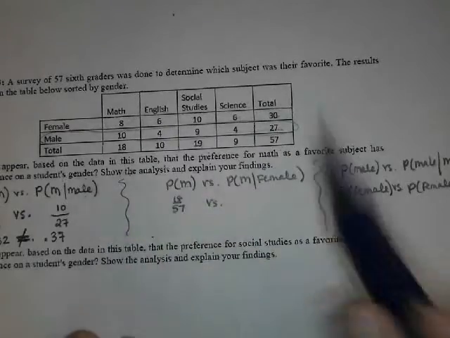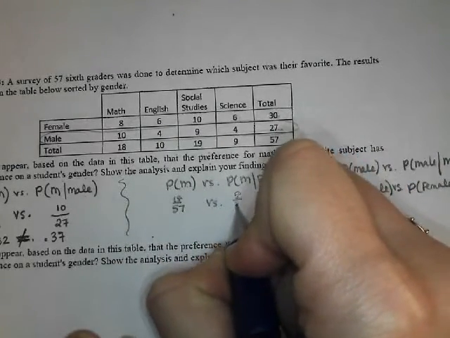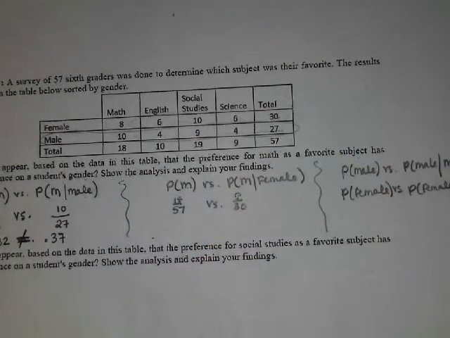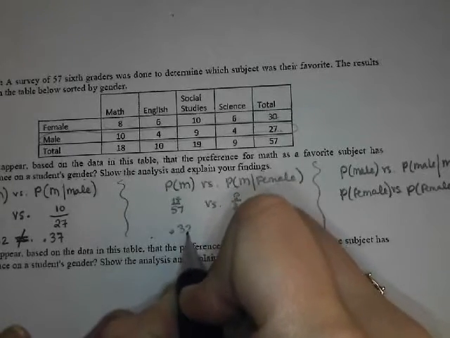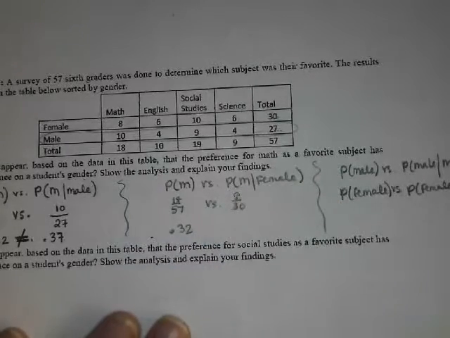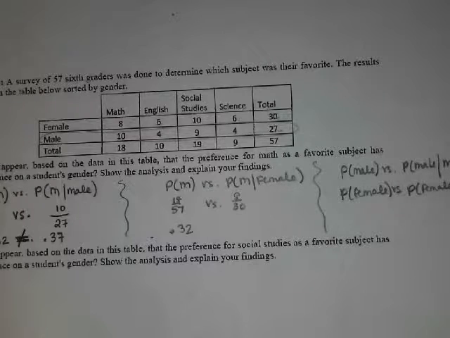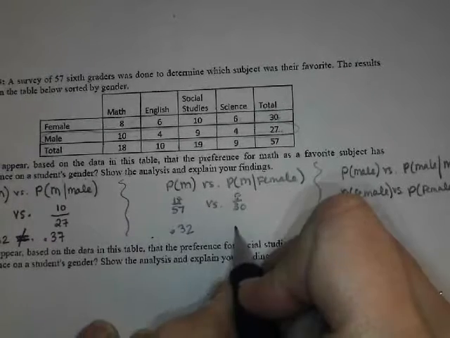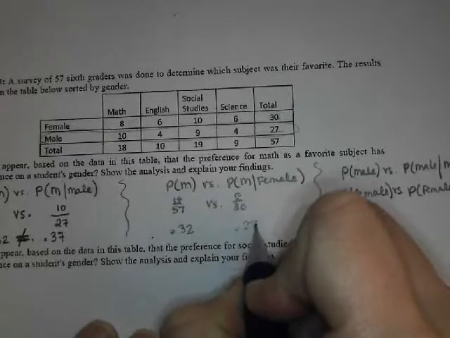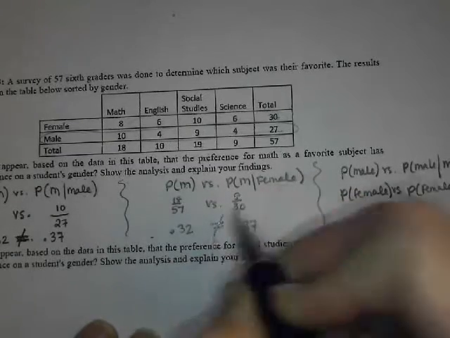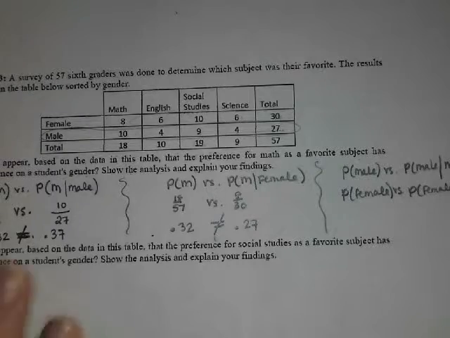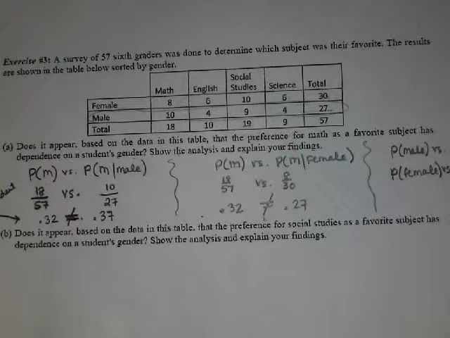Of those 30, 8 like math, so 8 out of 30. So, on its own, the probability of liking math is 32%. But if I talk to the females and ask them if they like math, that probability is only 27%. And still, they do not equal each other, so we would say they are not independent.